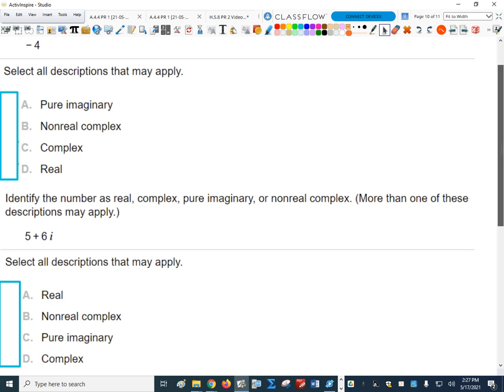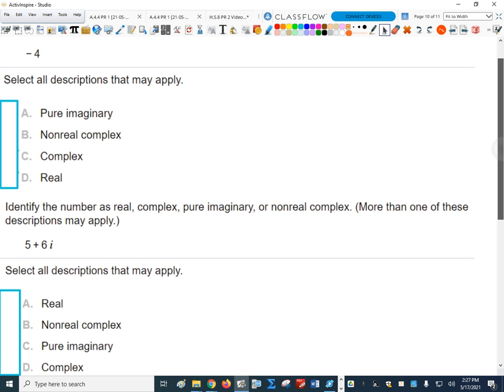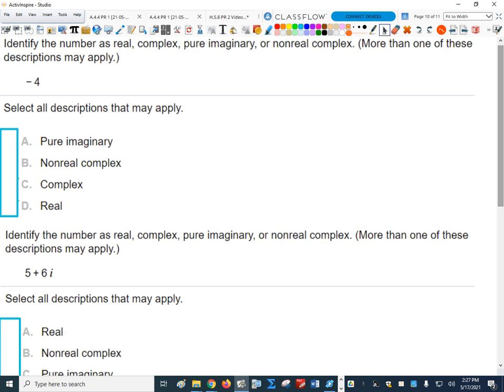All right, so then let's just try this. For a couple examples here, I want you to identify which sets this number belongs to out of these four. So -4, is it pure imaginary? Thumbs up, thumbs down. Thumbs down, for sure. It's not imaginary at all. There's no i.